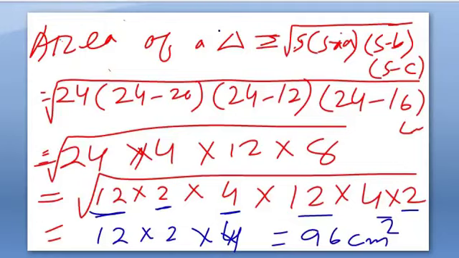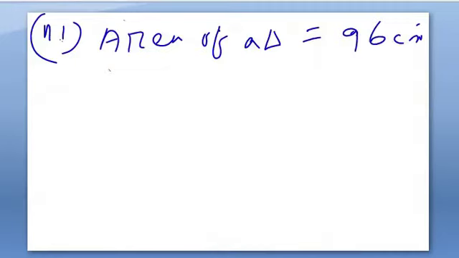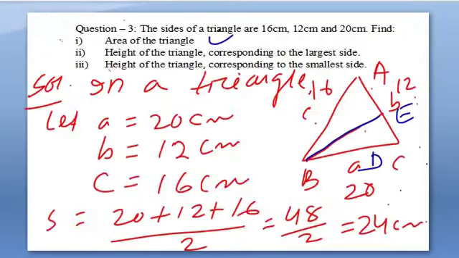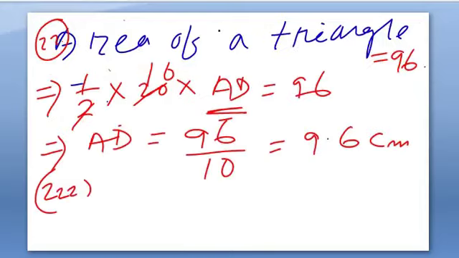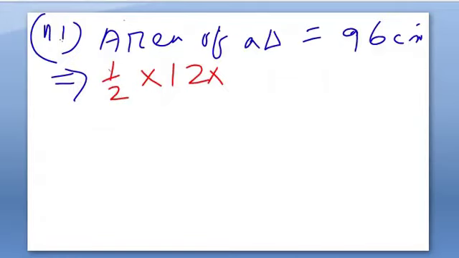96 square centimeter. Then half into base, the smallest side, which is 12, into height, we'll take it as BE, equal to 96.